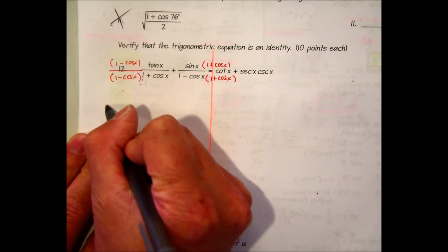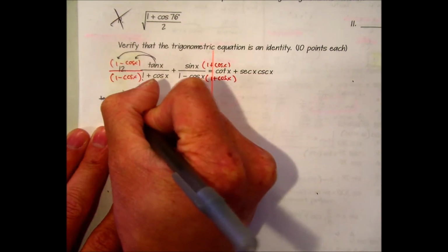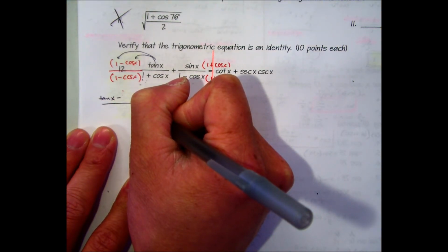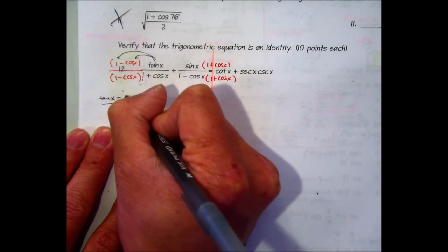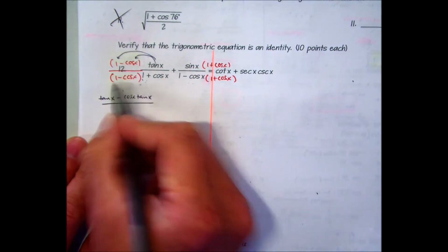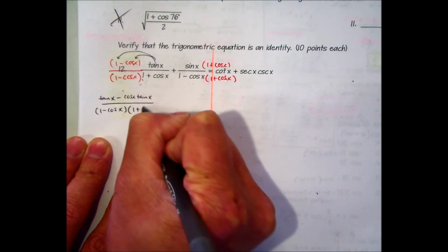Now when I do that, I can go ahead and distribute. I get tangent of x minus cosine of x, tangent of x, all over 1 minus cosine x, 1 plus cosine x.